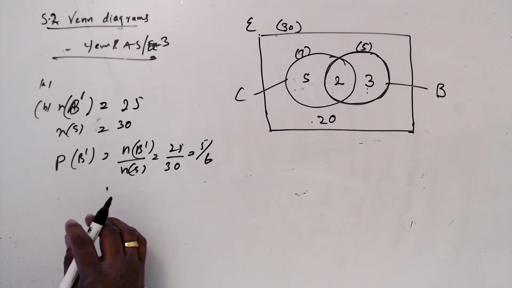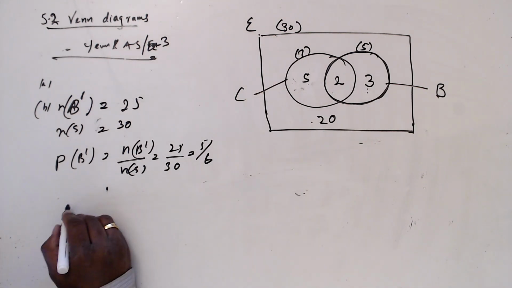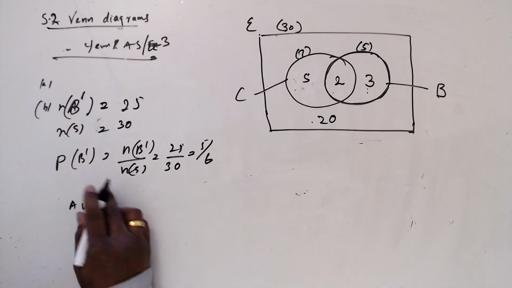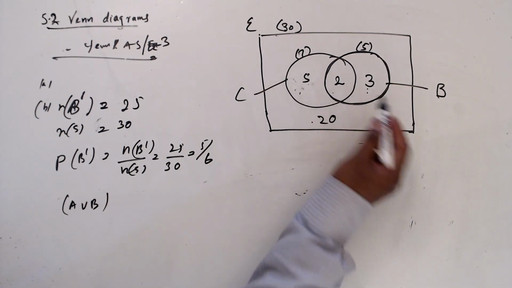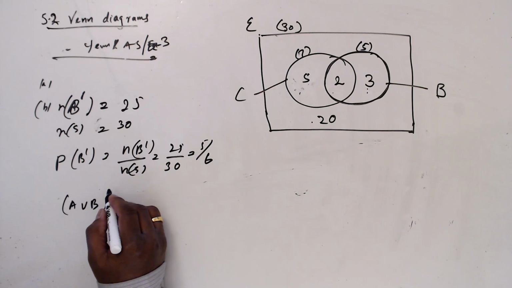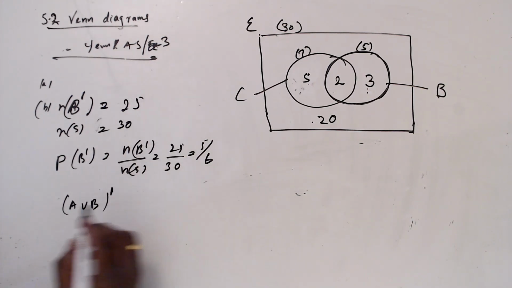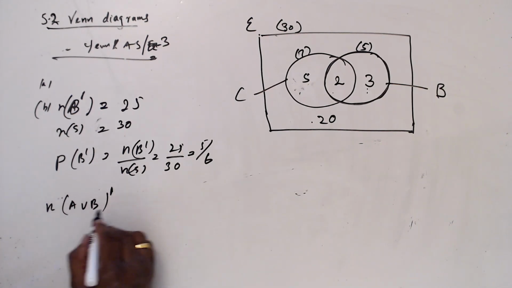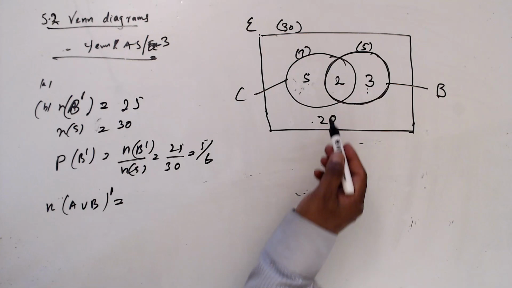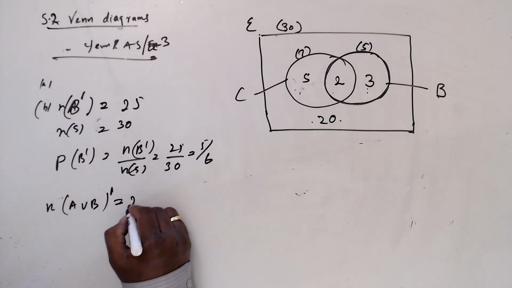The student is not in the choir or band. So in the choir or band, A union B. Not means I have to bring the complement. So how many are not in choir and band? 20.